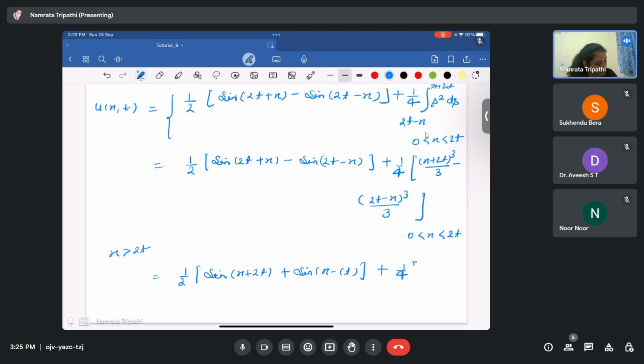After substituting the upper limit and lower limit, you will get x plus 2t whole cube upon 3 minus x minus 2t whole cube upon 3. This is when x is greater than 2t, and this is when x is from 0 to 2t. Fine. So this is the solution. Sorry, this is t.